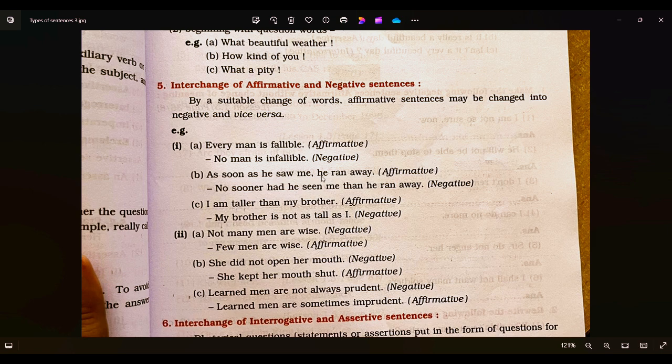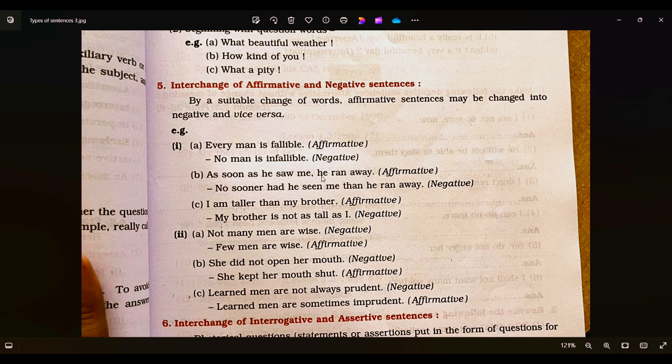After you finish the first clause, then we write the other part of the conjunction, and that is than. No sooner is a pair conjunction, so no sooner comes with than. No sooner than, a clause in interrogative format, then the remaining conjunction than, and then the second clause, he ran away, as it is you are going to write.